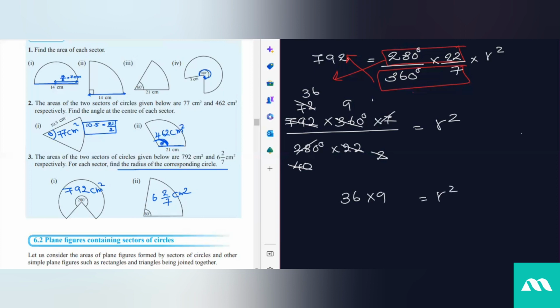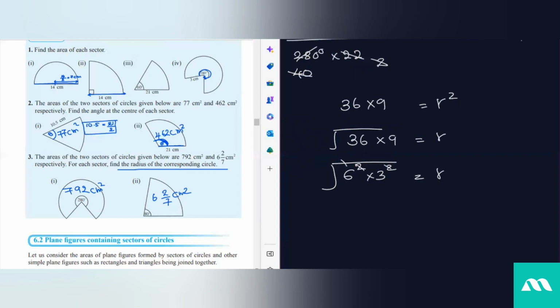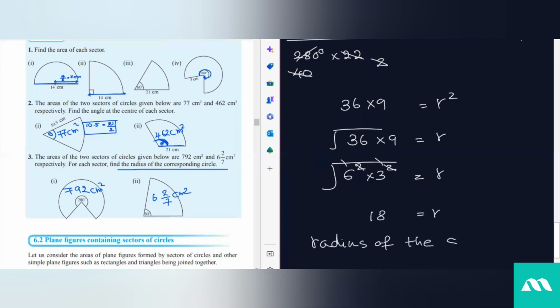If you take the square root, then the square root of 36 times 9 equals r. 36 we can write as 6 square, and 9 as 3 square. Then square and square root cancel, so 6 into 3 is 18. Then the radius of the sector is equal to 18 centimeters.